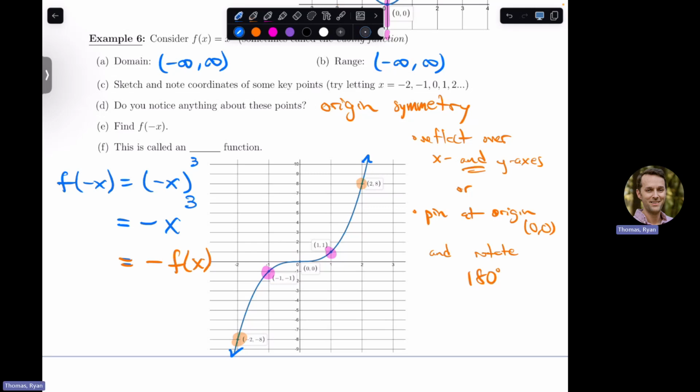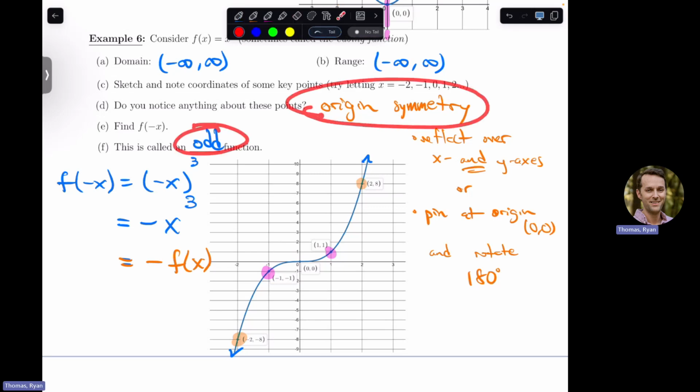If the other thing was called an even function, what do you think these are? So again, for our purposes, odd function, origin symmetry, these are kind of different aspects of the same property, right? Origin symmetry is a graphical thing. Saying a function is odd is kind of a property of how the function behaves in the abstract.